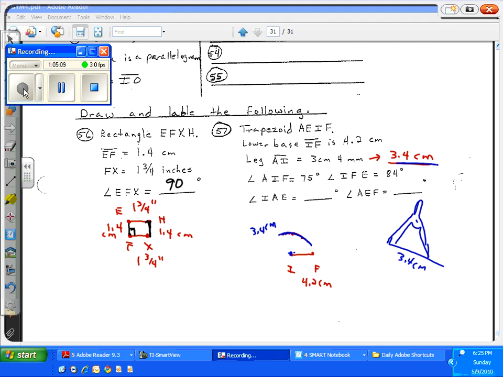And so we're going to get our protractor and we're going to set it in here. And we're going to measure 75 degrees from here. And we're going to make a mark.